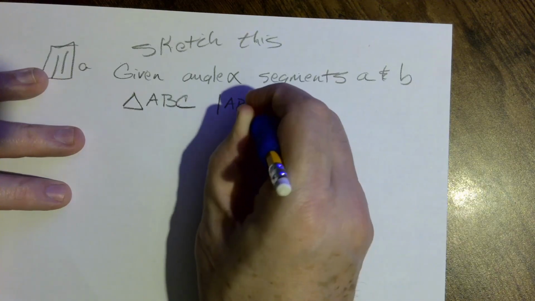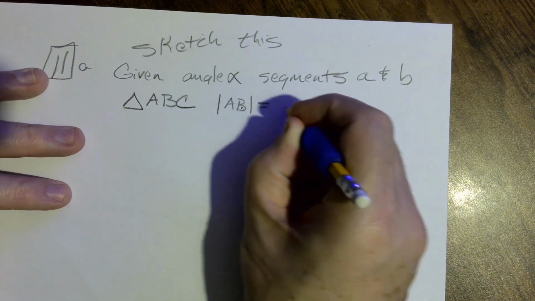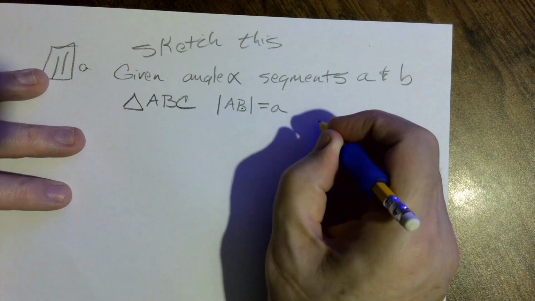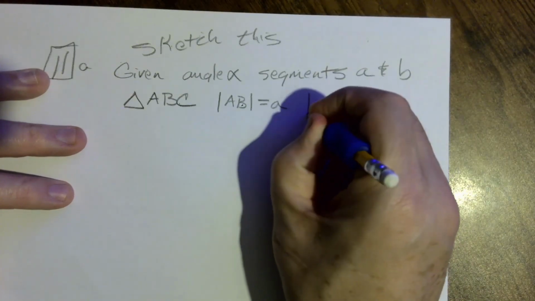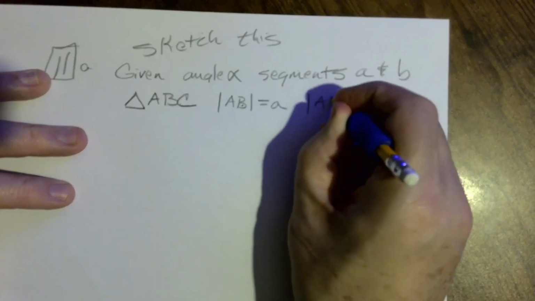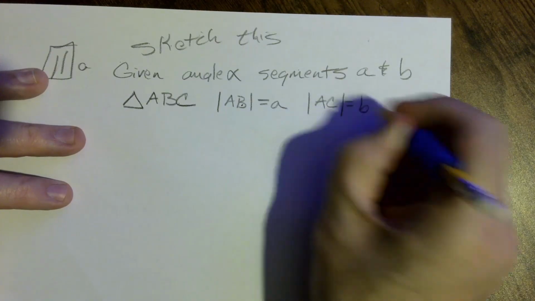The measurement of segment AB is the same as A. Measurement of AC, same as B.